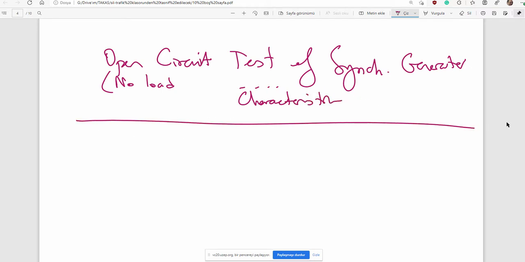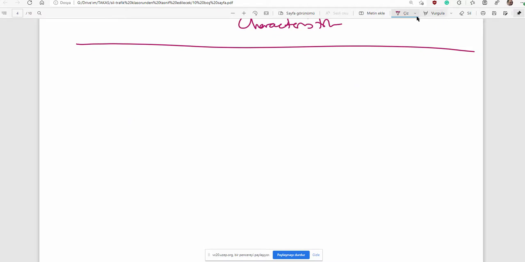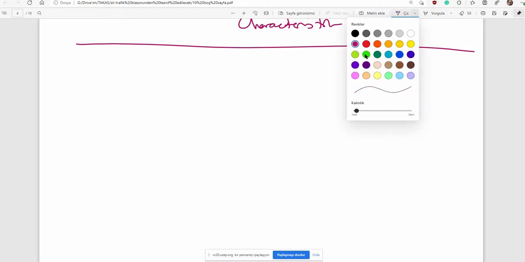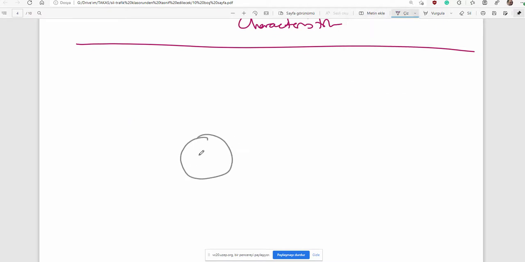To conduct such a test, first of all, we have a synchronous generator having three phases, let's say star connected. Here are armature terminals U, V, W, then here is the mechanical shaft, and here is a prime mover, let's say a diesel engine, for example.